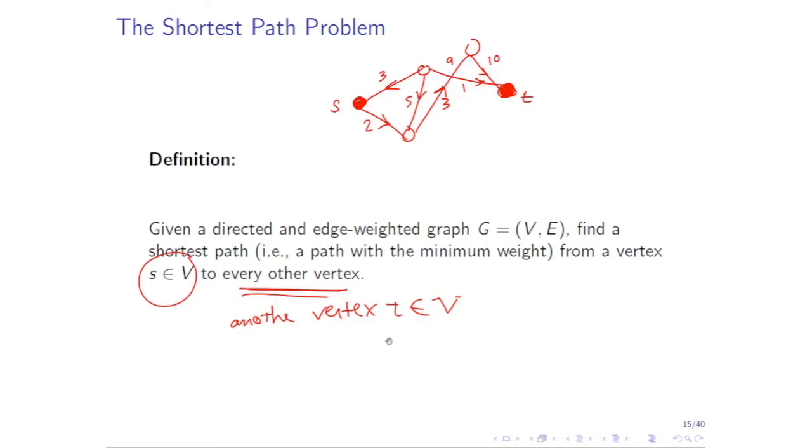So we don't actually have to specify the ending vertex. We solve the problem using the algorithm that I'm going to present, and after we solve it, we will have the shortest path from S to every other vertex. Then we can pick the shortest path from S to a vertex of interest.